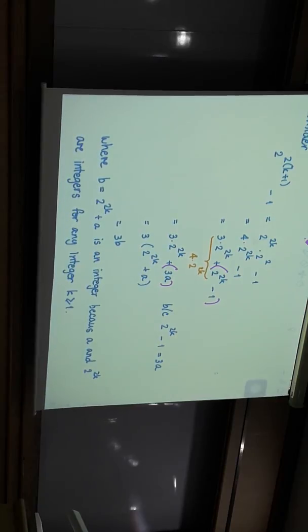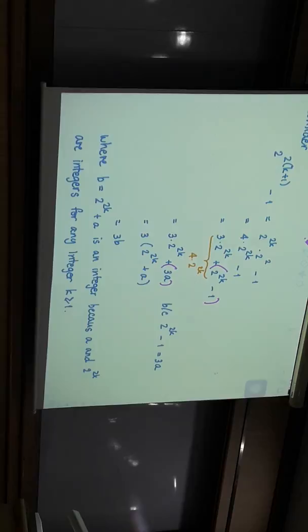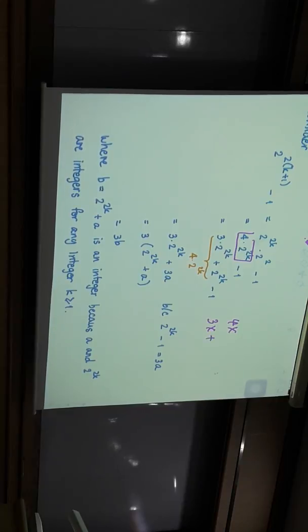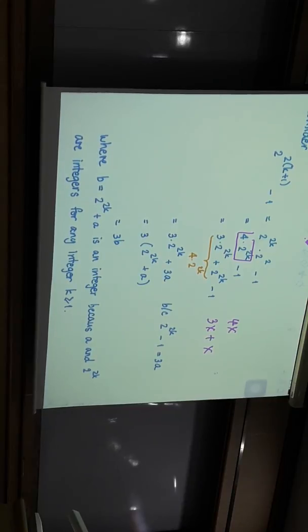Anyone would like me to explain again? Okay. I'm going to go back to line 1. Are you okay up to here? Yes. 2 to the power of 2 is 4. Are you okay up to here? So right now, from 4 here, it's like when you have 4x, that is the same thing as 3x plus x, is that right? Yes?